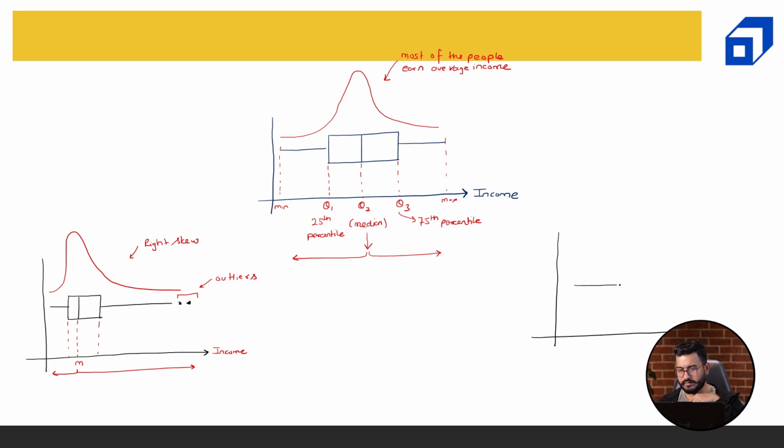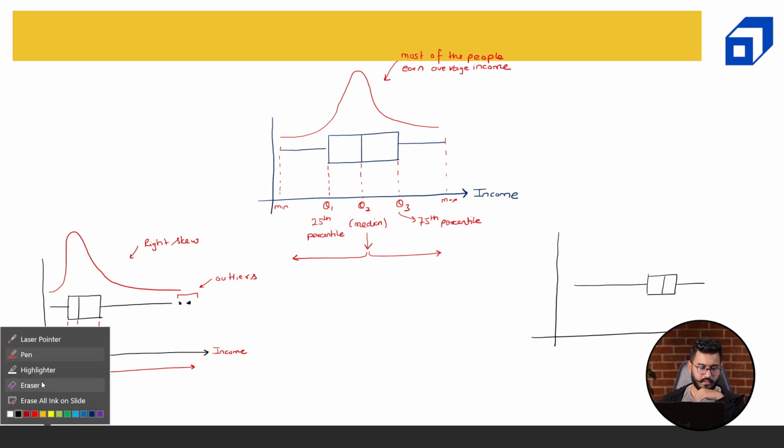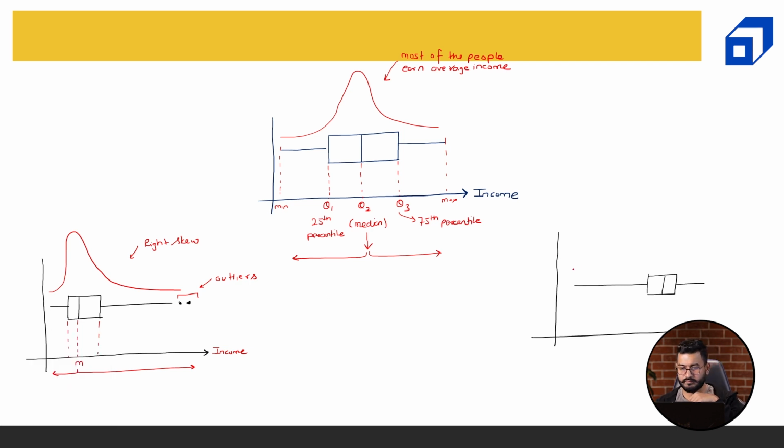In that case, my box can look something like this, and I can have a curve like this. So this is my left skew, and I hope you now know how to read a box plot, right?